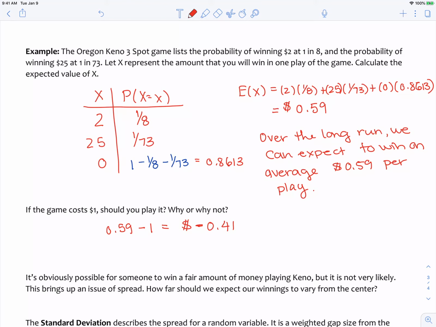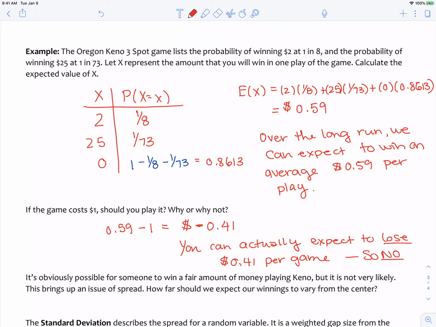So on average, you're actually going to be planning to lose 41 cents a game. So you can actually expect to lose 41 cents per game. So no, you don't want to play.